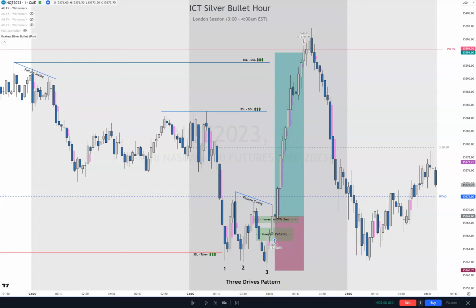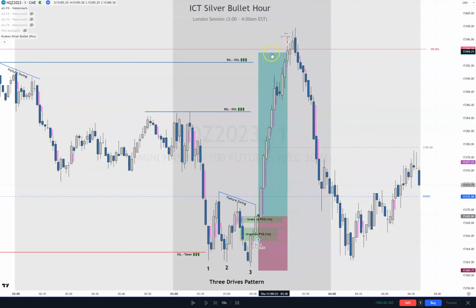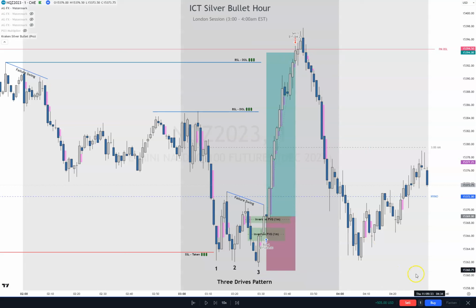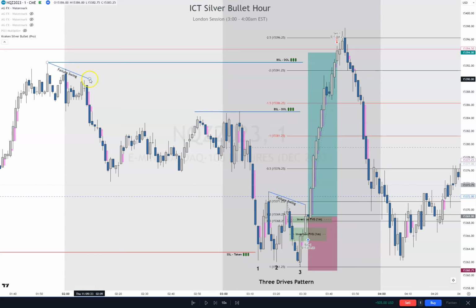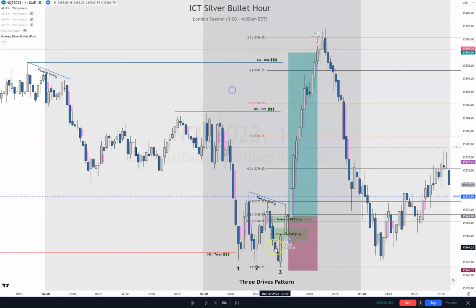So I want to show you, we sold there, but I also want to show you why this PM buy side liquidity right here was actually a really good target. Because when you pull the fib from the manipulation leg right here, 2.5 is right here, which is above there. So between 2 and 2.5 is what we're targeting. Above these failure swings right here, above this high, here's your PM buy side liquidity that was untapped. In between 2 and 2.5 from the manipulation leg, a good target, and look, that's really good target right there.